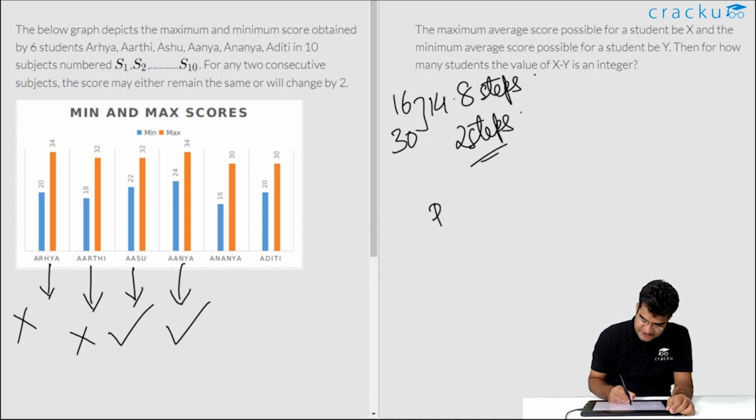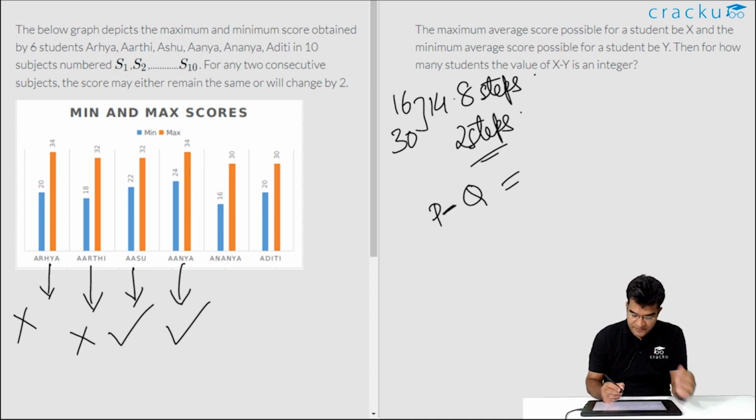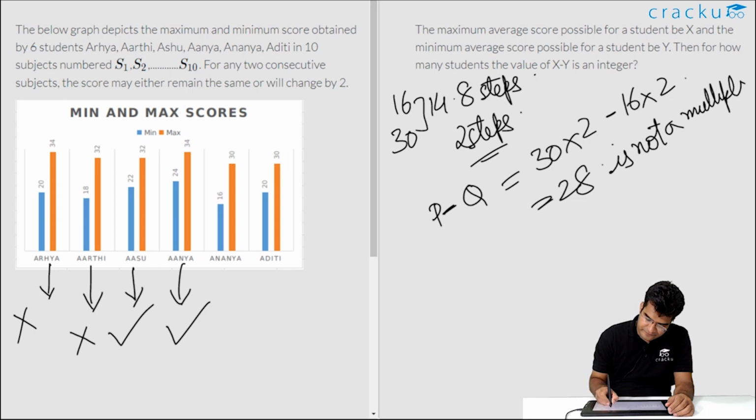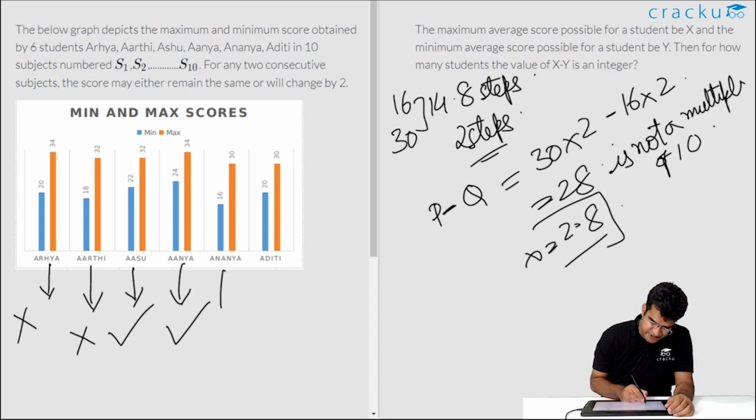So, in this case, the difference between the maximum possible value and the minimum possible value of the sum is 30 into 2 minus 16 into 2. This comes to 28. This is not a multiple of 10. Therefore, x will equal 2.8, which is not an integer. So, in this case, it is not true.